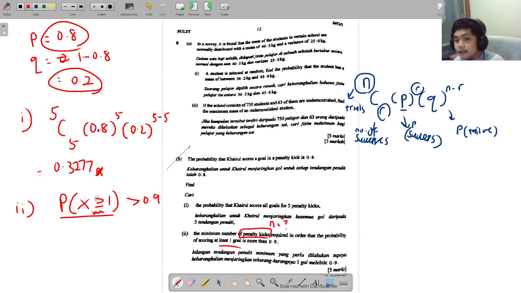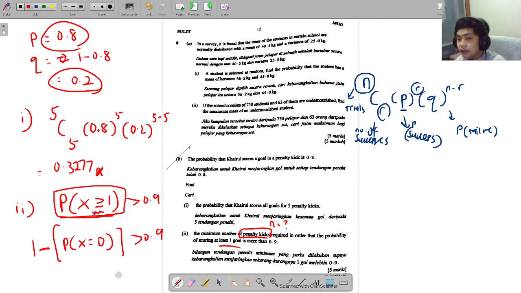So in other words, we can do the complement, by saying that this probability is equivalent to 1 minus the probability of scoring 0 goals. It should be greater than 0.9, right? Because don't forget, when we think about it probability-wise, we have 0, 1, 2, 3, all the way until n.